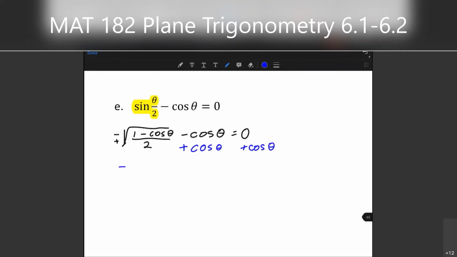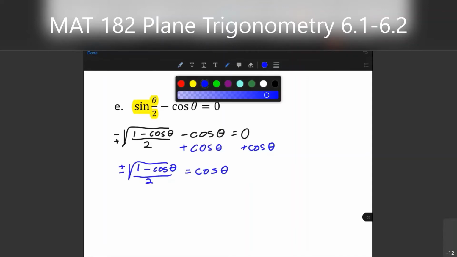And so I'd have the plus and minus root over 2 equal to cosine. And this is kind of why we don't necessarily need that plus and minus, because we can square both sides of this equation to get rid of that square root. And really the plus and minus is not necessarily going to matter on the outside.